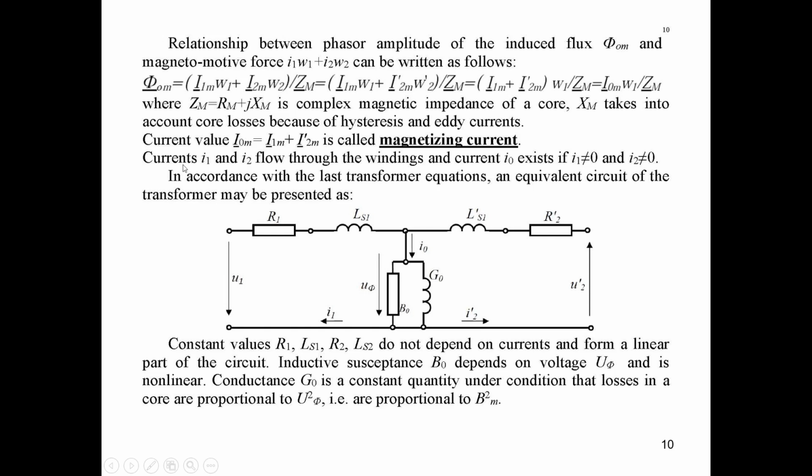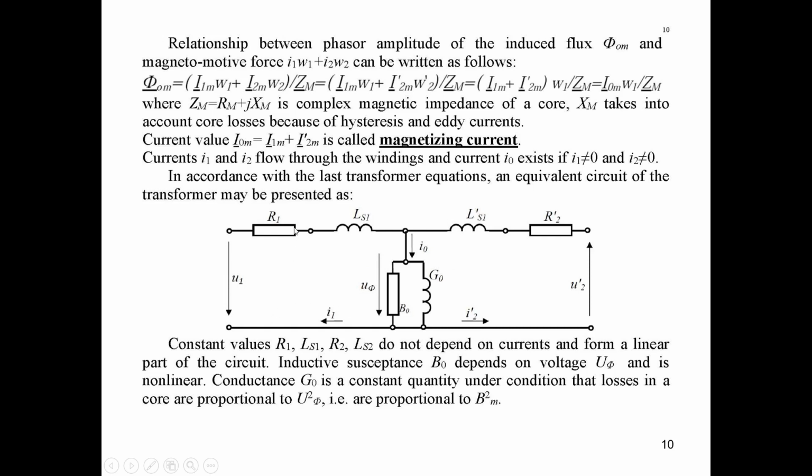And this current I0m, equal to I1m plus I2m with prime sign, is called the magnetization current. Here is the magnetization current. In such a case, we can draw the equivalent circuit.